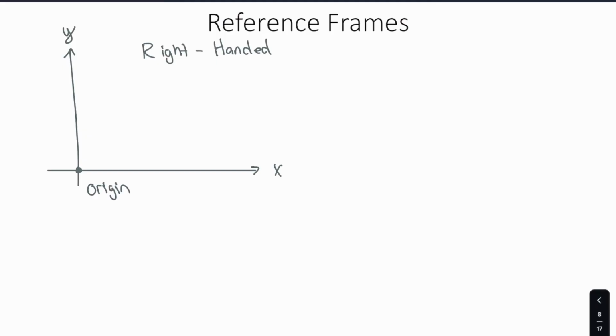So if you point your index finger on your right hand in the direction of x, and your middle finger in the direction of y, your thumb will be pointed straight up in the direction of z. And if you now point your thumb in the direction of z and curl your right hand fingers, we'll define that as the direction of positive rotation. These are all just by convention. There's no reason we have to define them in this manner.